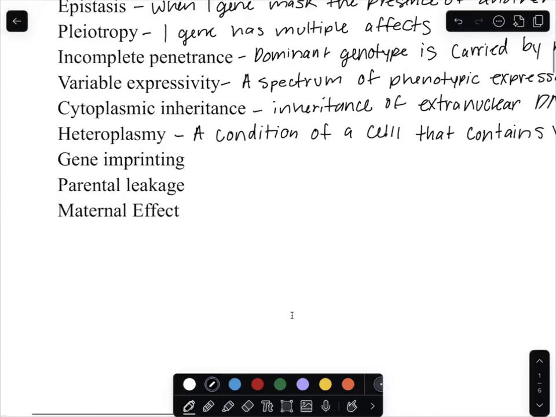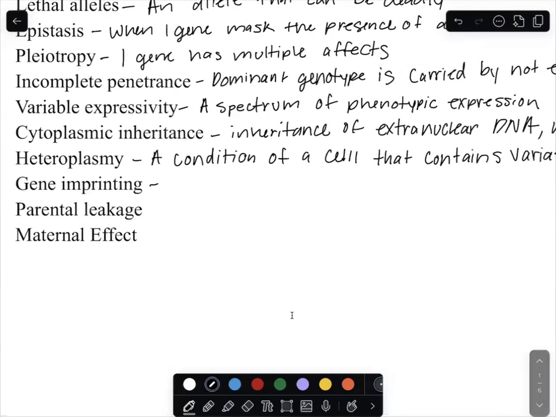Okay. Gene imprinting is when a change in a single gene or chromosome occurs during gamete formation.